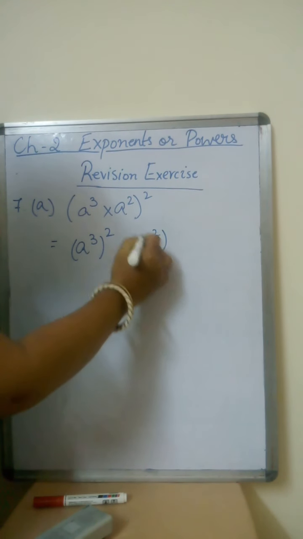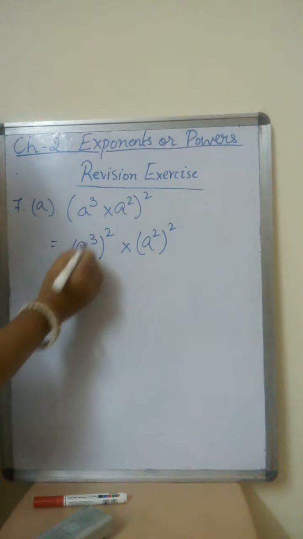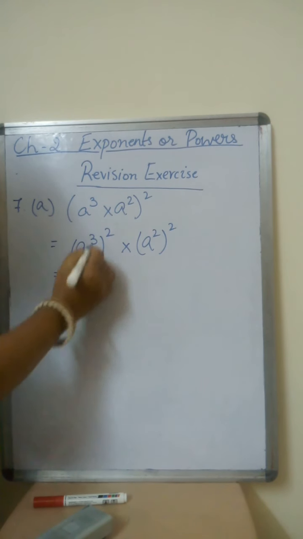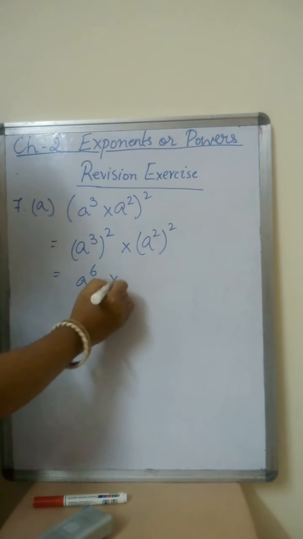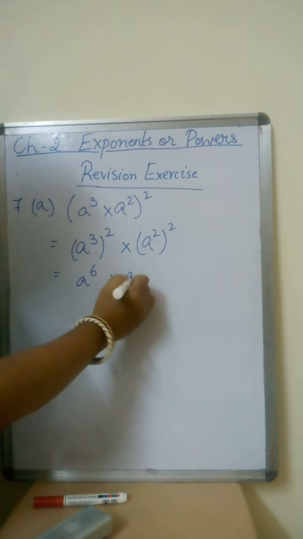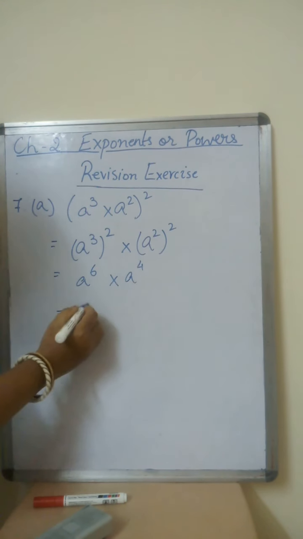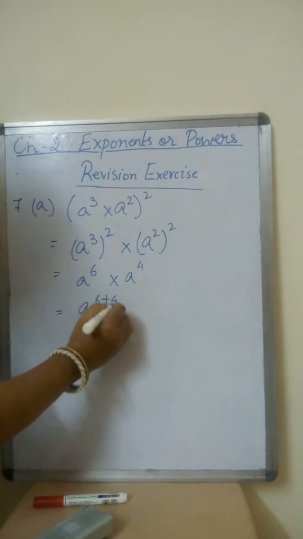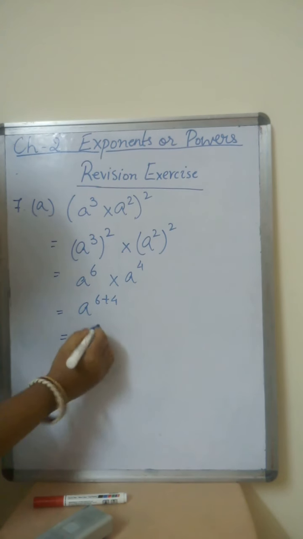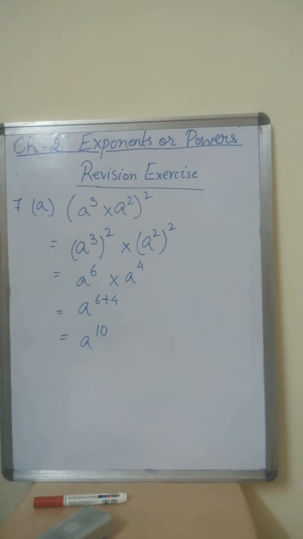A to the power 2. So how much is it? A to the 3 into 2 is 6 and A to the 2 into 2 is 4. So now A is the base. So 6 plus 4 is how much? A to the power 6 plus 4 is 10. Okay. So this is question number A.